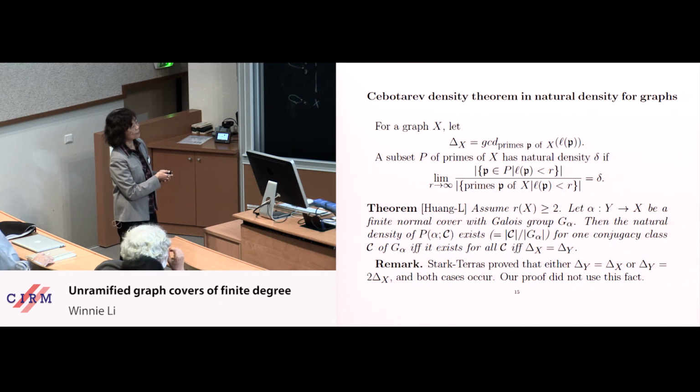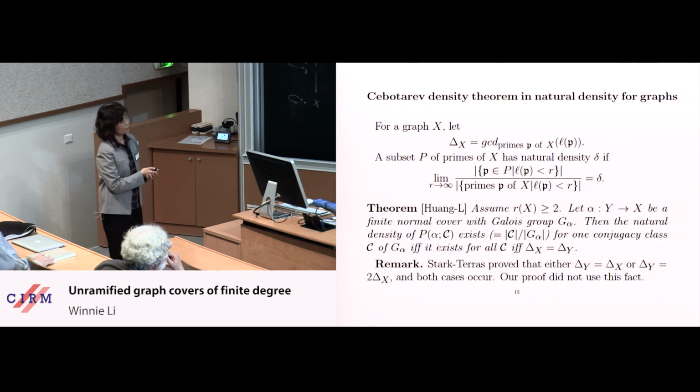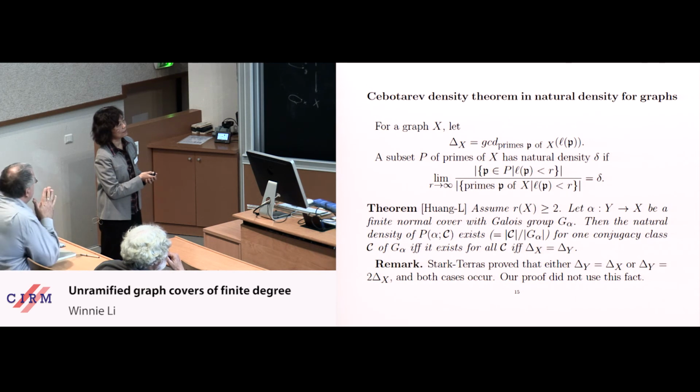If the two GCDs agree, then the natural density holds. Otherwise, it doesn't. Stark and Terras proved that the GCD upstairs is either the same as downstairs or twice that downstairs, and both cases will occur.